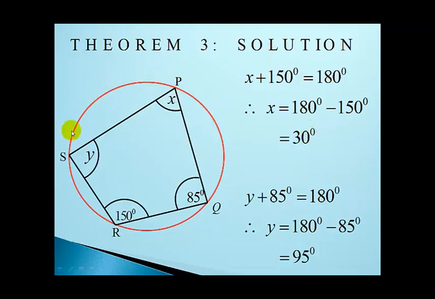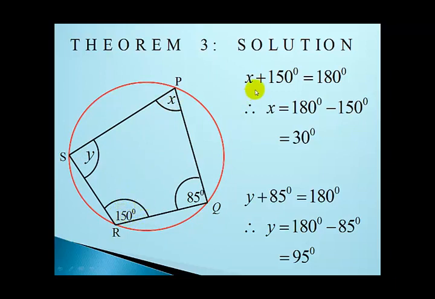Considering the cyclic quadrilateral, the quadrilateral is PQRS. Now when we consider the angles within the quadrilateral, we can see that angle X and angle 150 degrees are opposite angles. And so the sum of the opposite angles in the quadrilateral is equal to 180. That means that X plus 150 degrees is equal to 180 degrees.